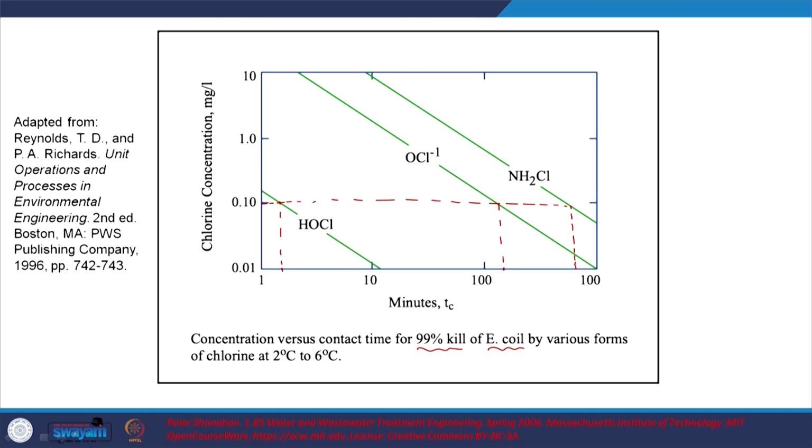This should have been 1000, because this is a logarithmic scale: 1, 10, 100, 1000, each time 10 times higher. So HOCl is remarkably effective. For a given time, say 10 minutes, the concentration of HOCl required is much less than the concentration of OCl minus. So we have to play around with the pH to maintain a favorable concentration of HOCl, but you can't bring the pH too far down.